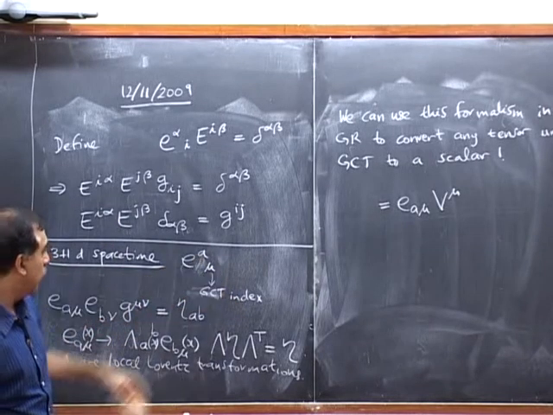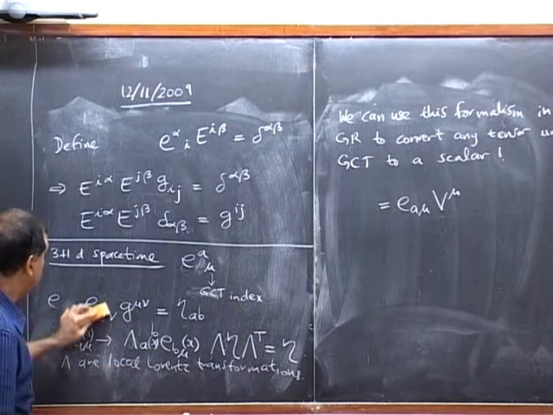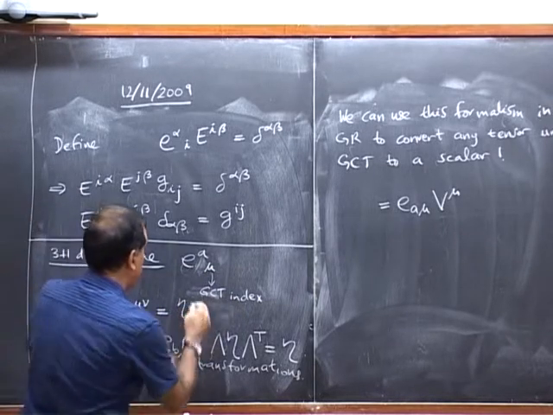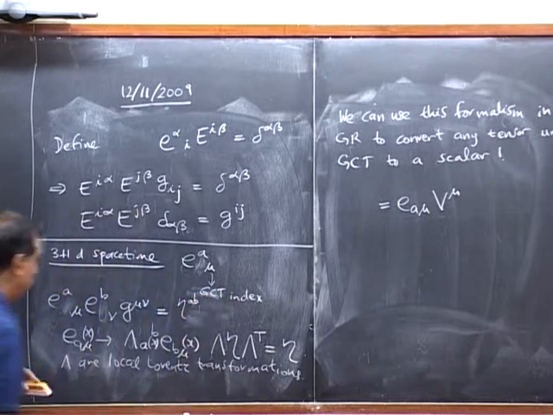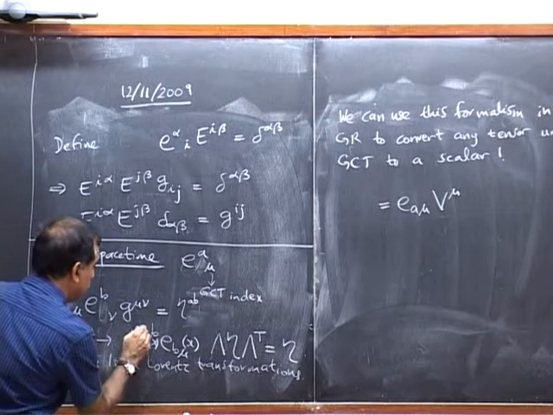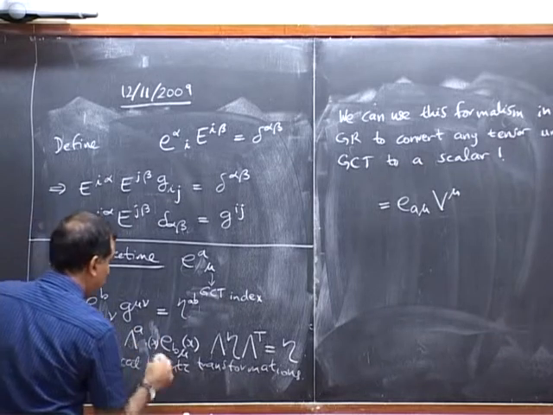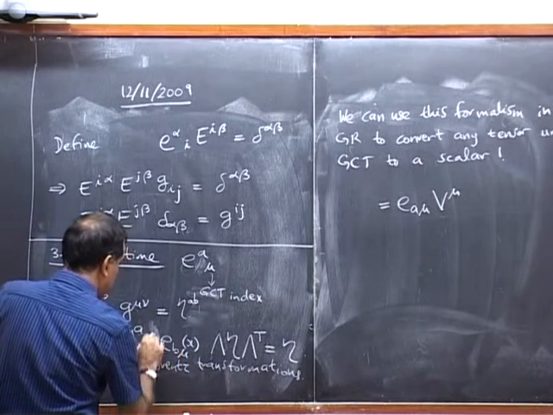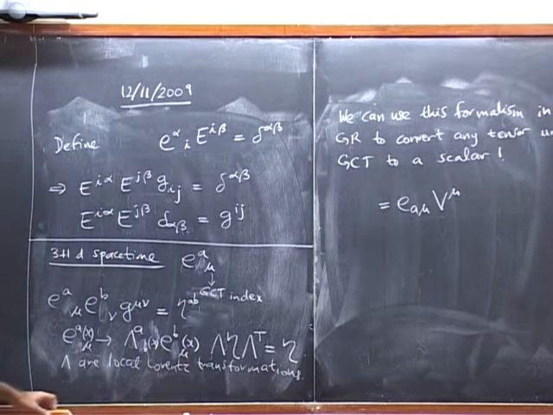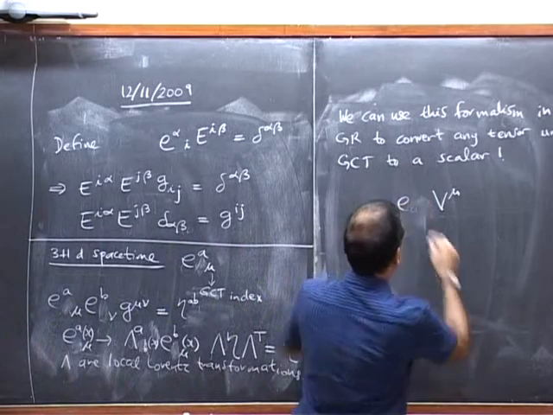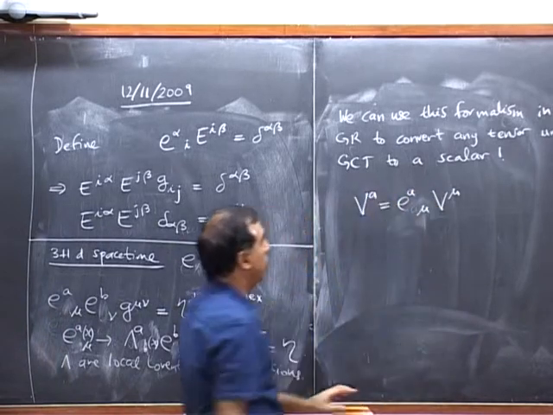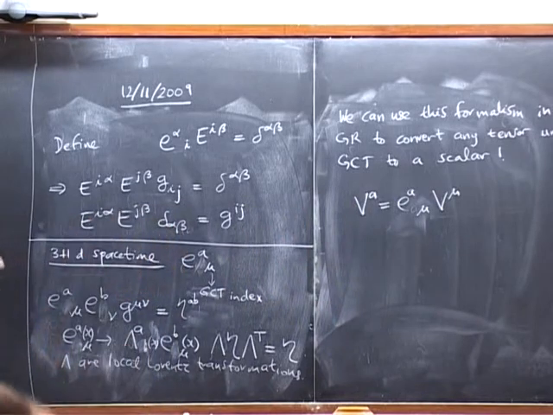But this one is raised and lowered by eta. So all these relations are true regardless whether it's up or down. Eta upper AD is the same as eta lower AD, so it doesn't matter at all. But I think I'll prefer this, because in that case we have index A here and mu here. The result I'll call V^A. The definition of V^A.